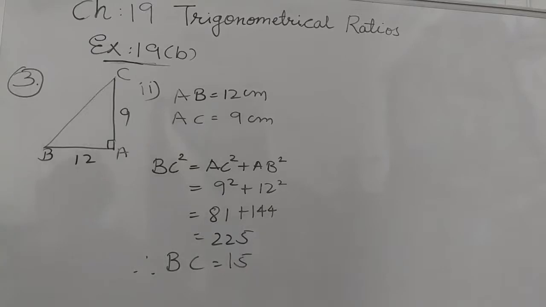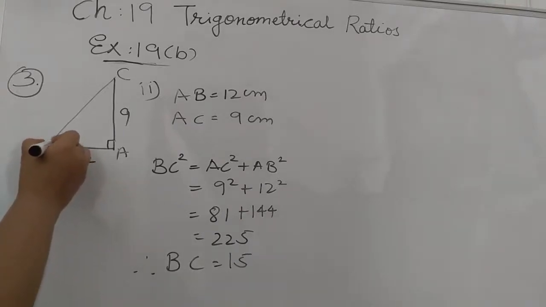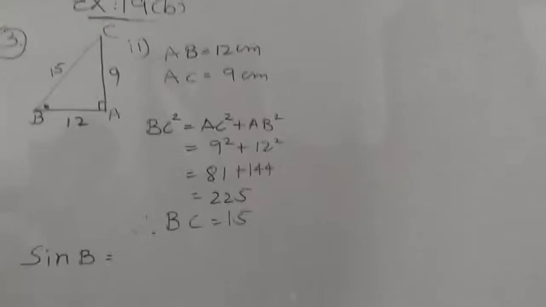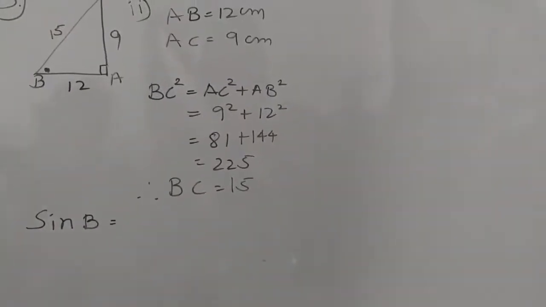Now we have to write the ratios of sine, cos and tan of both angles B and C. First I write angle B. Sine B is equal to, according to this angle B, opposite upon hypotenuse.